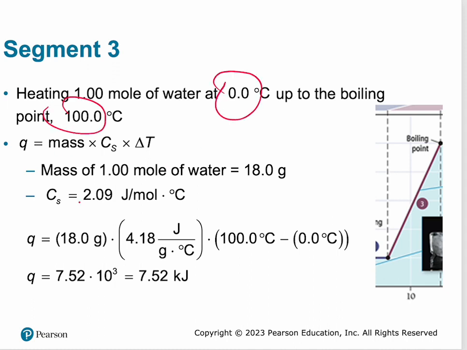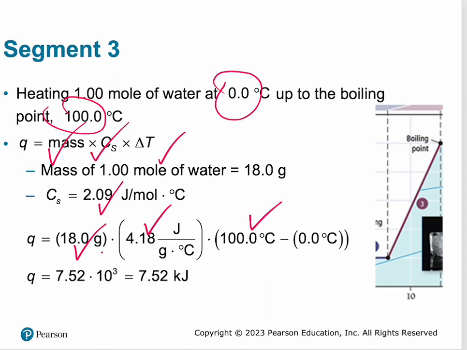So again, we have a constant, and we know what delta T is, and we know what C is, and we know what the mass is. The mass is 1 mole. Then the constant is 4.18 times the difference in temperature.